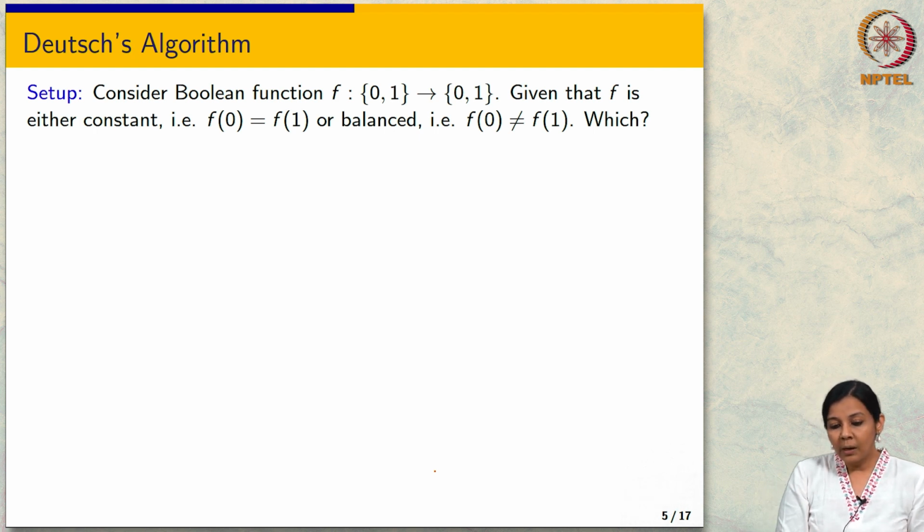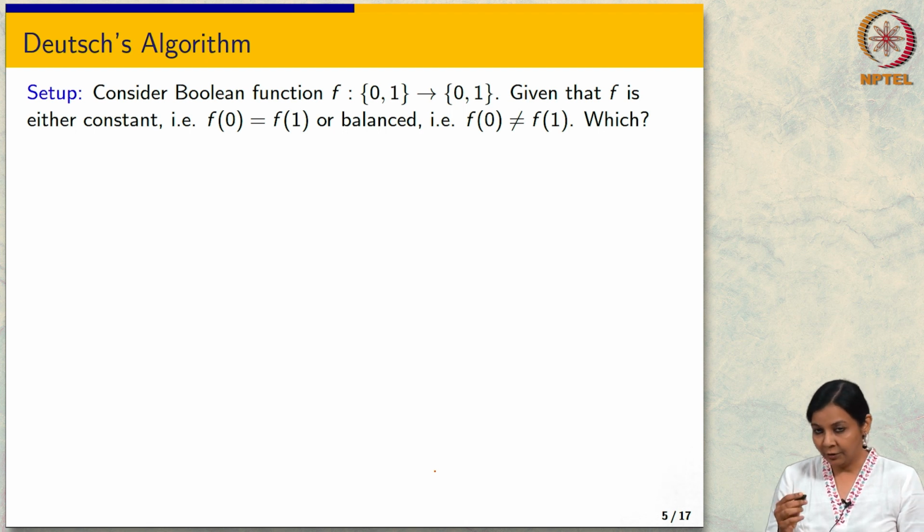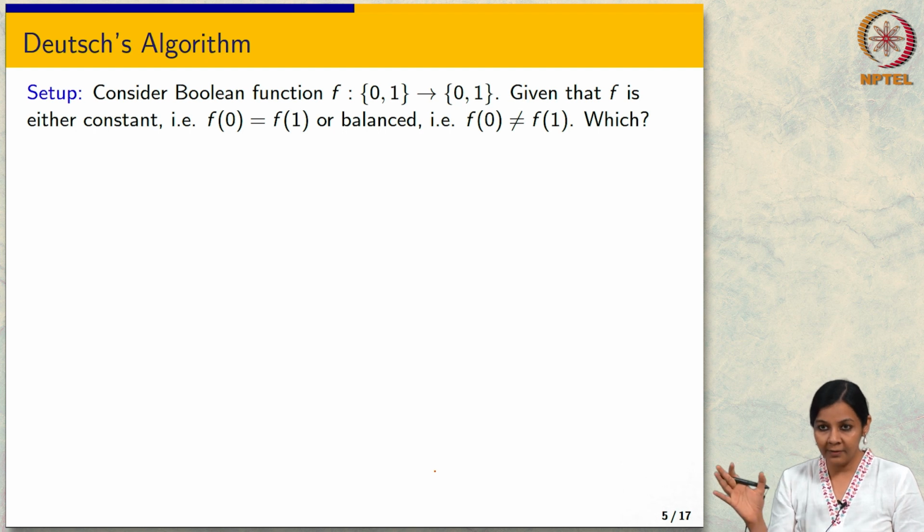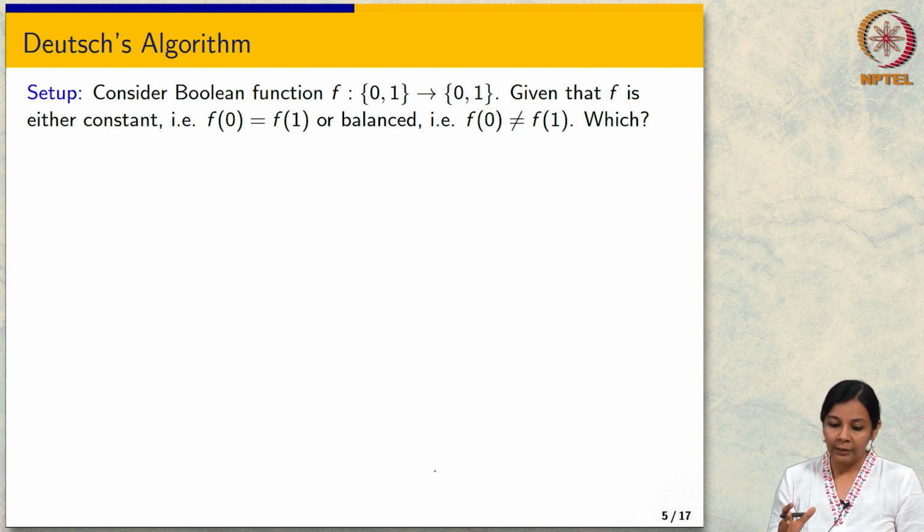So let's look at an actual algorithm. We are finally getting warmed up. We set up all the notation, we talked about all the formal setup. So let's now find examples where quantum algorithms will do better than classical algorithms.